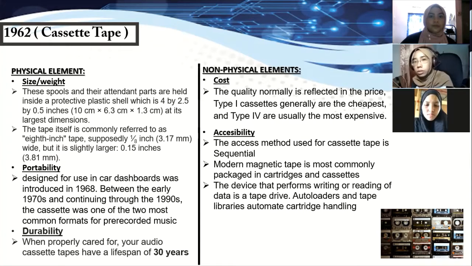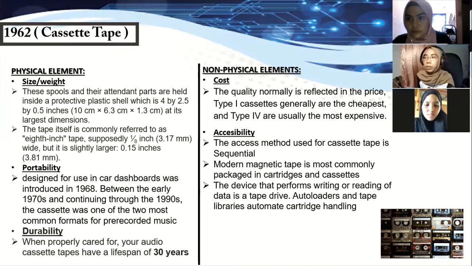So for 1962, we started to use the cassette tape. The compact cassette or music cassette, also commonly called the tape cassette, cassette tape, audio cassette, or simply tape or cassette, is an analog magnetic tape recording format for audio recording and playback.